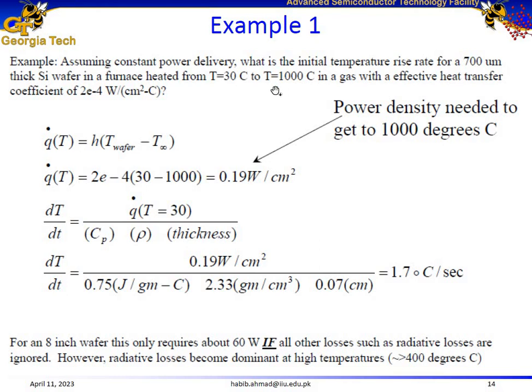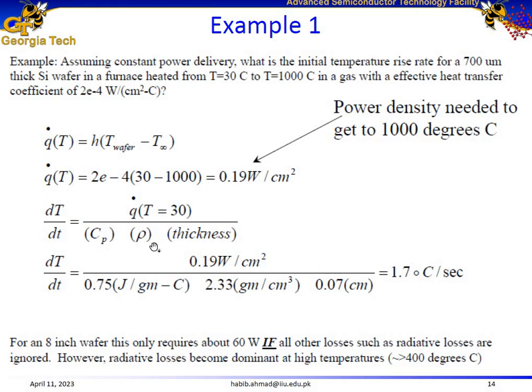So the difference in these two temperatures divided by the time taken to achieve 1000 degrees C would be the rise rate of temperature. But first we need to calculate the heat flow per unit area. We have a formula for that from the previous slide, which is equal to the effective heat transfer coefficient times the temperature of the wafer minus the temperature of the gas molecules. So the heat flow per unit area comes out to be 0.19 watt per centimeter square.